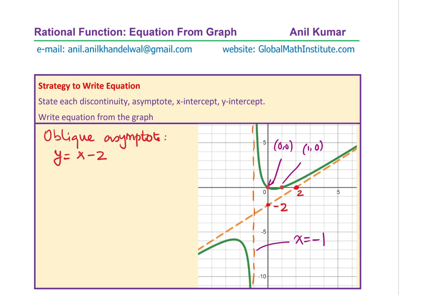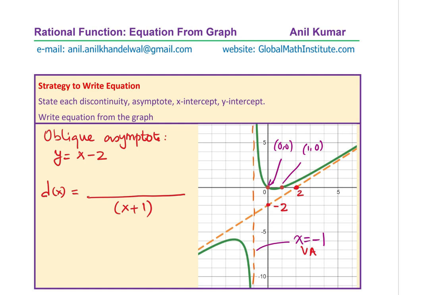As far as the x and y intercepts are concerned, we have the origin and 1, 0. Let's call this function d of x, and let's begin with the denominator, which is clearly x plus 1, since we have a vertical asymptote at x equals minus 1.